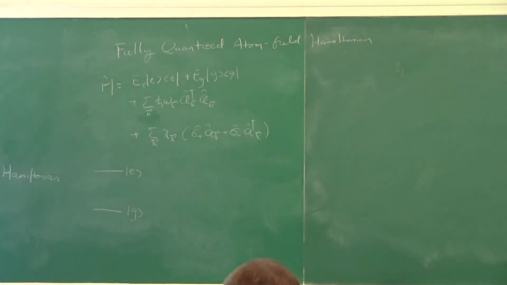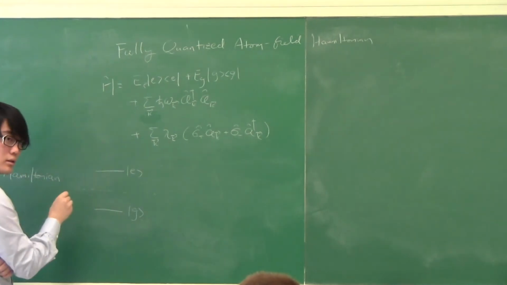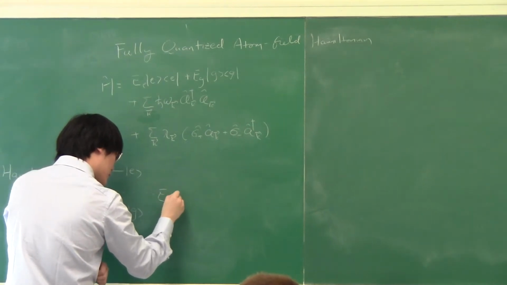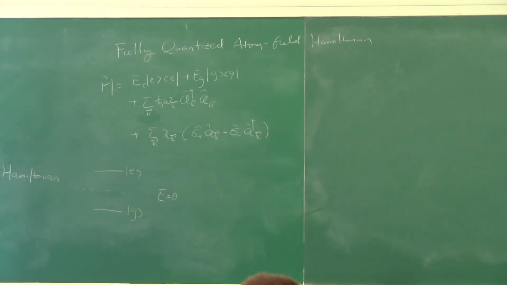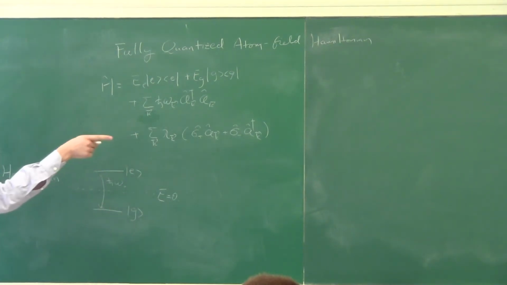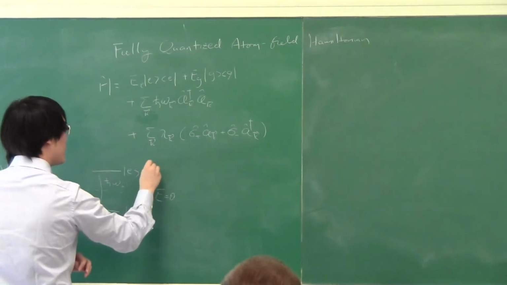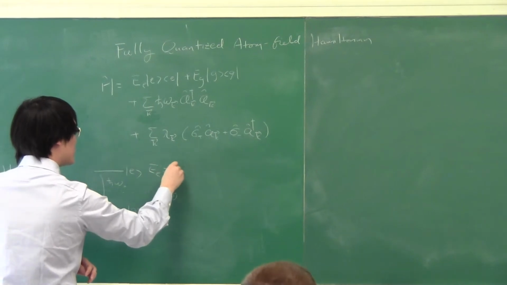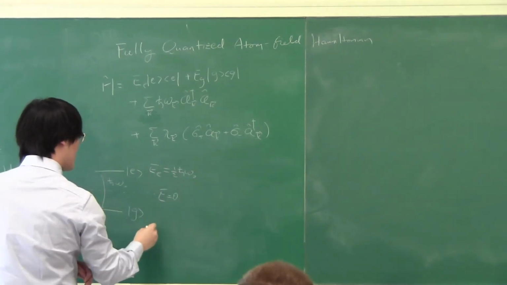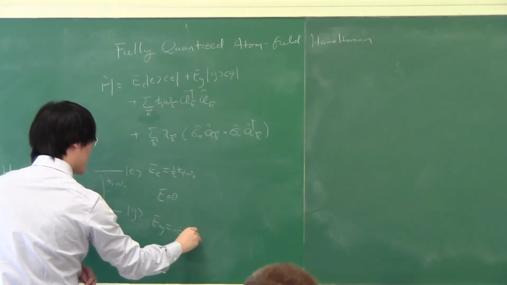Now, what if I put the zero of energy at the midpoint over here? I'm going to say that this is the energy equals zero reference point for the atom. Then, I know that the transition frequency is h bar omega naught, as I have defined previously. So with this setup, the energy of the excited state is just 1/2 h bar omega naught, and the energy of the ground state is minus 1/2 h bar omega naught.